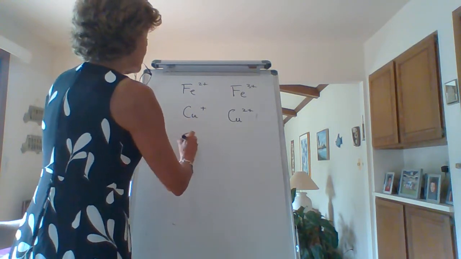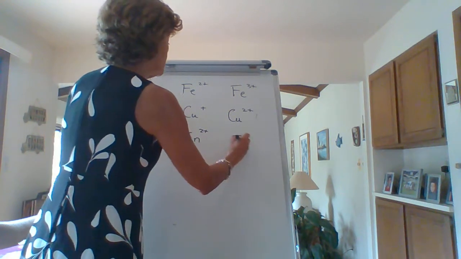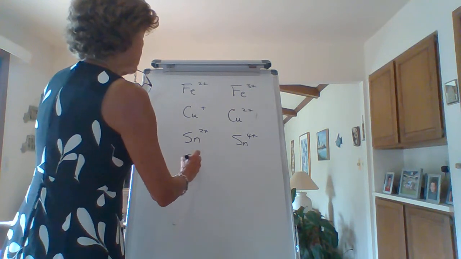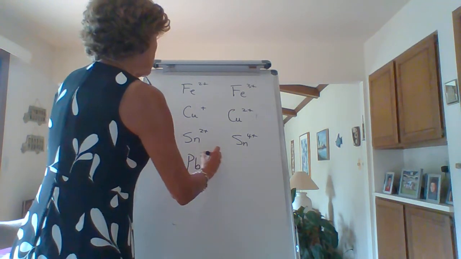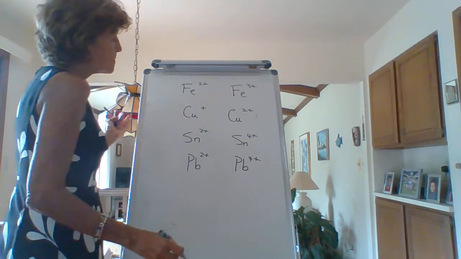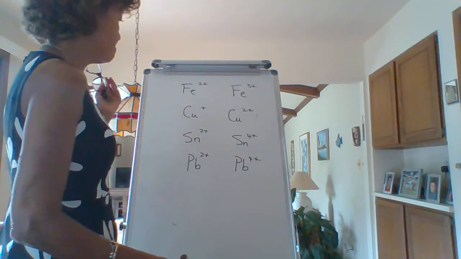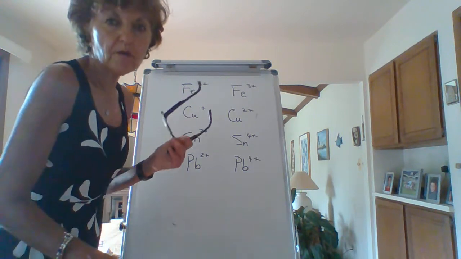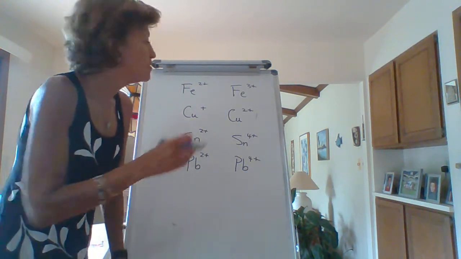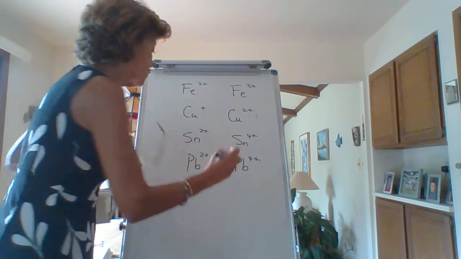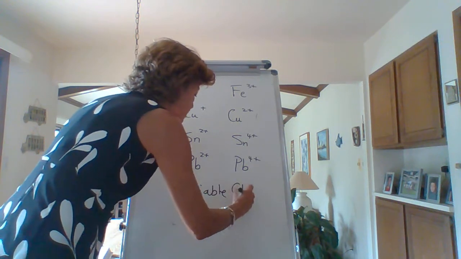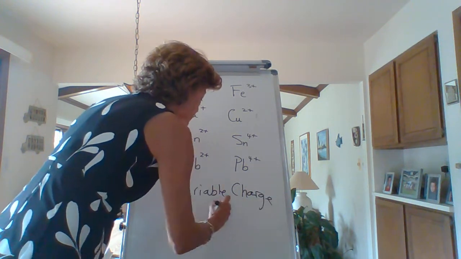What else? Oh, tin could either be +2 or +4. Lead could either be +2 or +4. I think those are good for now. There are others, lots and lots and lots of others, but these are the ones that we use a lot. So you should know these are called variable charge metals.